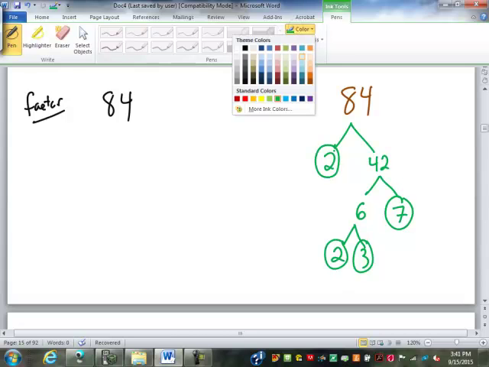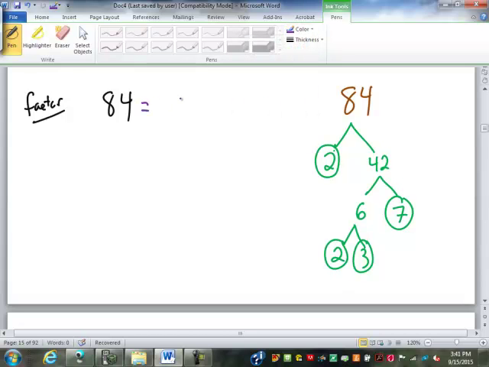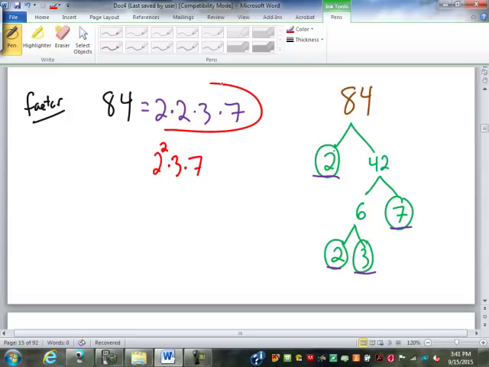So now I write the factors of 84 from smallest to largest: 2 times 2 times 3 times 7, or 2 to the power of 2 times 3 times 7. Either of those notations is perfectly fine.